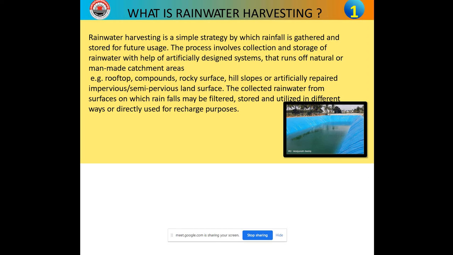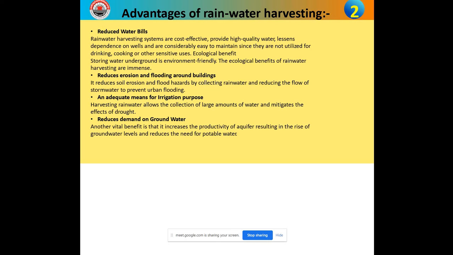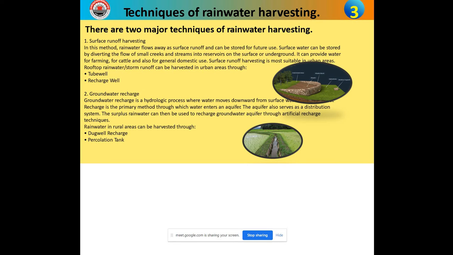So there will be some selfishness surrounded, that they will get money, so that they can store the rainwater for their money, and somehow it will benefit them as per the future use also.